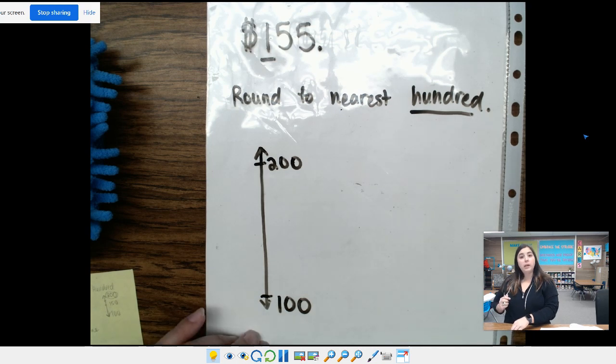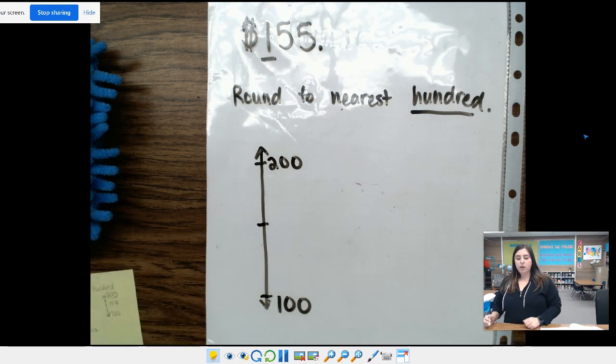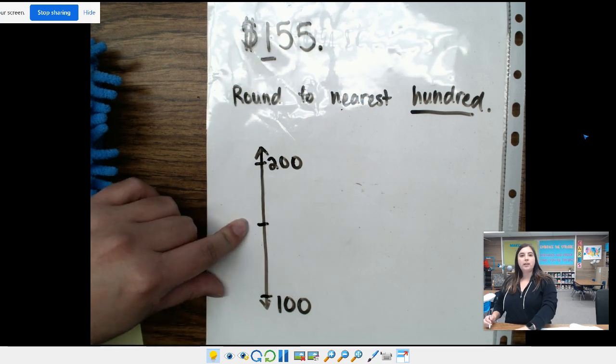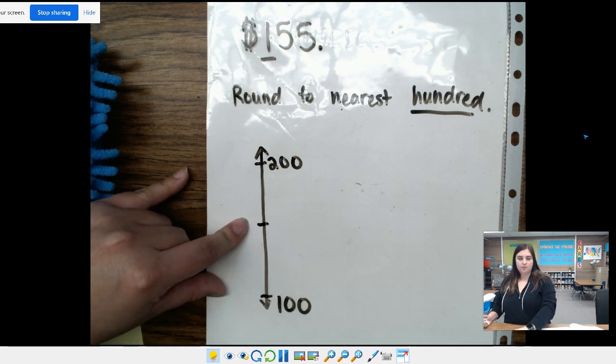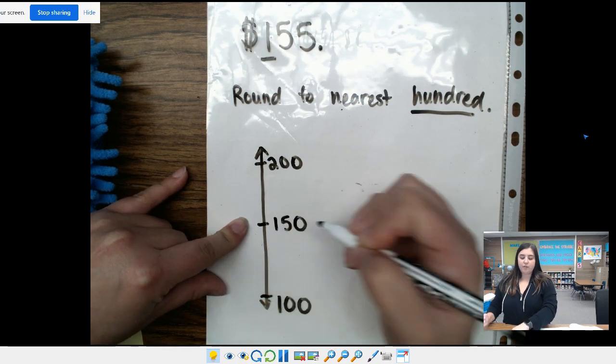This is where the midpoints from yesterday and a couple of weeks ago is coming back. So in between these two numbers, 100 and 200, I need to figure out what is exactly in the middle of that. So I think it would be 150.